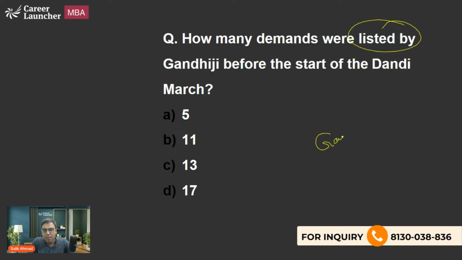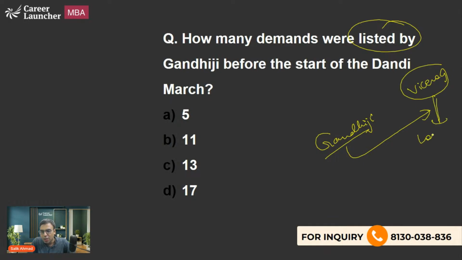Gandhi ji gives some demands to the Viceroy. The Viceroy was the British officer who was ruling India, and at that time the Viceroy was Lord Irwin. So how many demands did Gandhi ji write? The answer is B, 11 demands. He said that I'm giving you some demands, you follow them, you accept them, otherwise I will start a new movement.